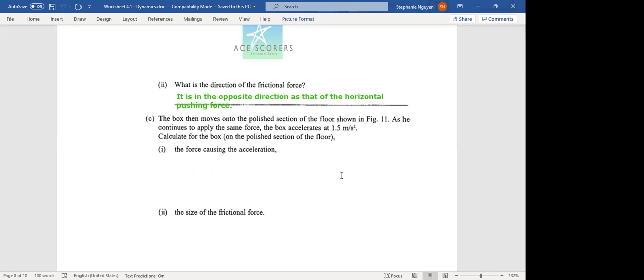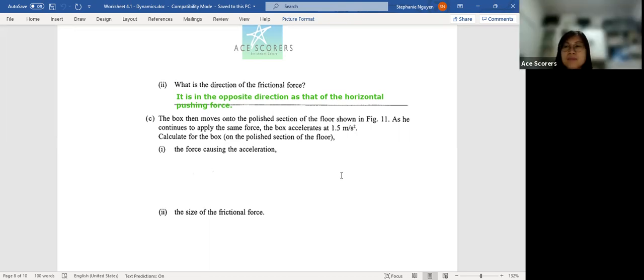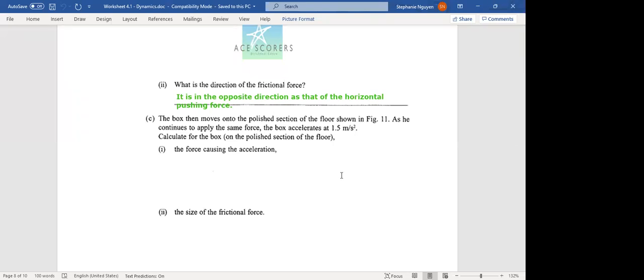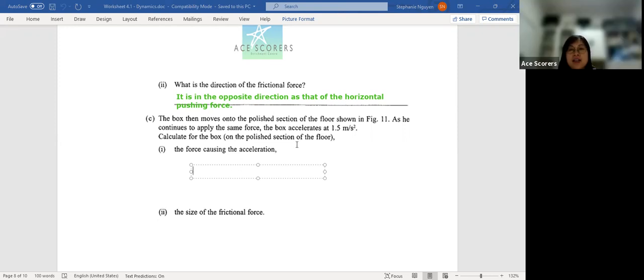You're supposed to find force. Which formula do you use? So you have the values of acceleration, you also know the mass.